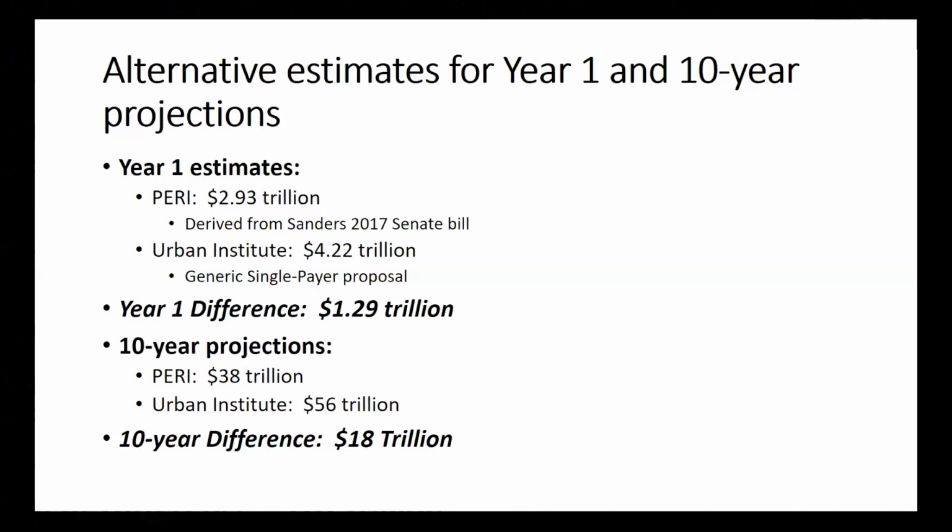If you believe more or less our estimates or my friend Jerry's estimates, that is the case. That is not the case if you believe Urban Institute. And that's why this comparison is so critical. If you believe Urban Institute's estimate, Medicare-for-All does not achieve savings whatsoever. It increases costs quite significantly. And the fact that this has become kind of the standard reference has very powerful political implications. I'll just mention one.